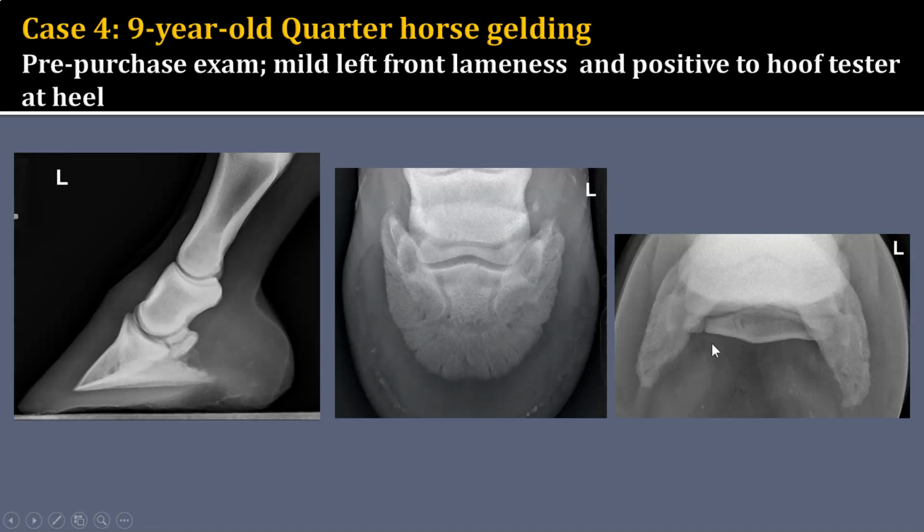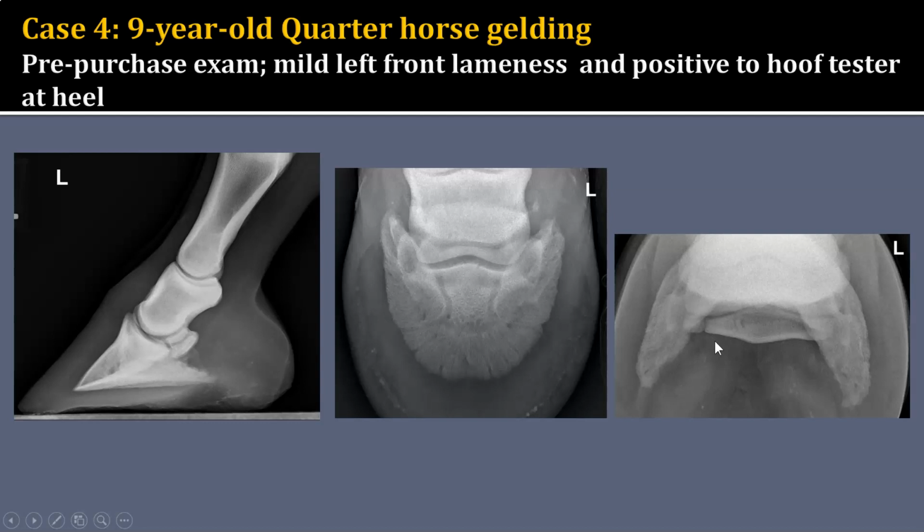When we look at this medial portion of the navicular bone, there's quite a bit of focal but diffuse medullary sclerosis. These are those little synovial invaginations. And if you notice, there's a radiolucent line traversing from the flexor cortex to the articular surface. And so this is a fracture of that portion of the navicular bone.